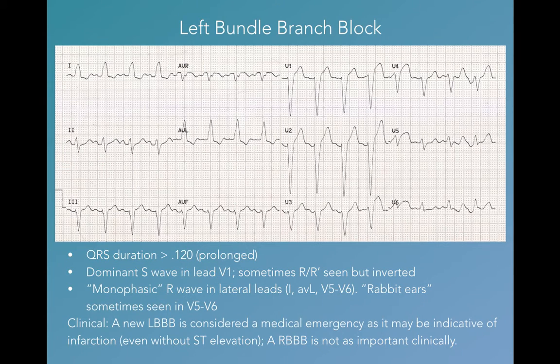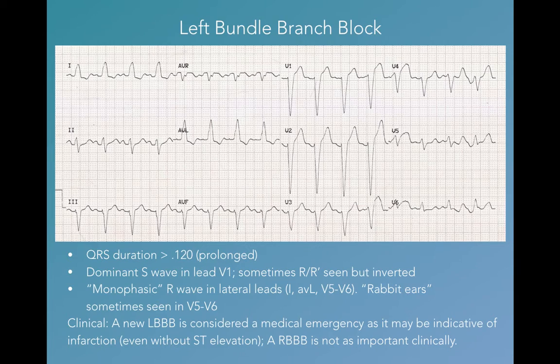For a left bundle branch block, again, the duration is going to be greater than 120, but now it's going to look a little bit different. The two things you want to look for: first, a dominant S wave in V1. You sometimes see the R and R prime at the tip of the S wave, but not necessarily.